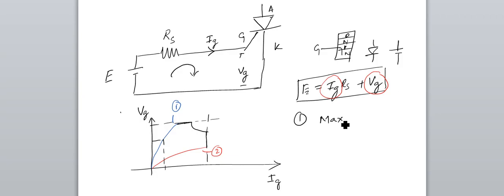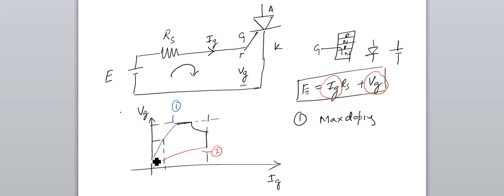Because of that maximum doping level, you give a very small amount of current and can generate more voltage across the gate. So that is one of the advantages.